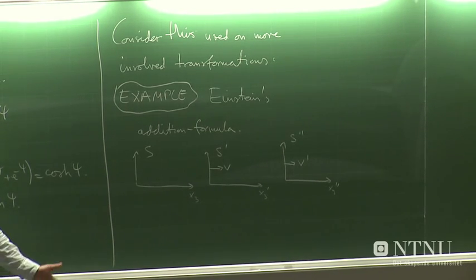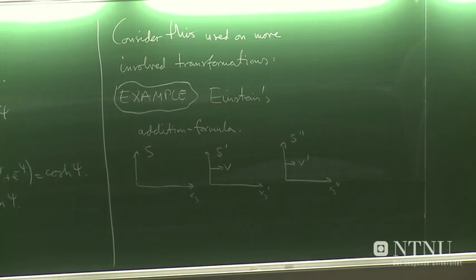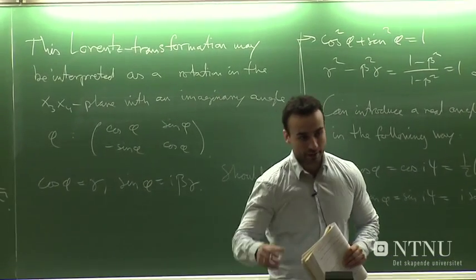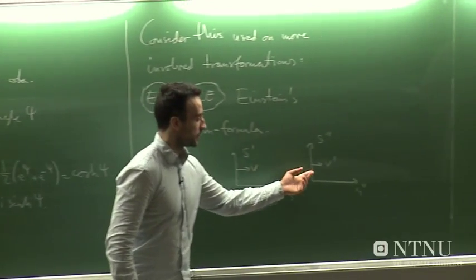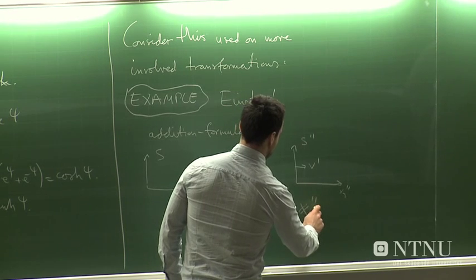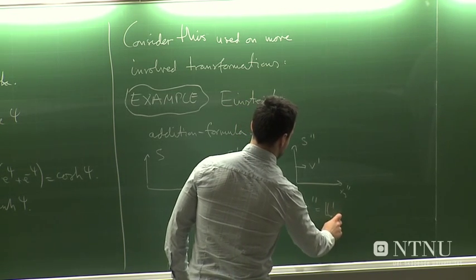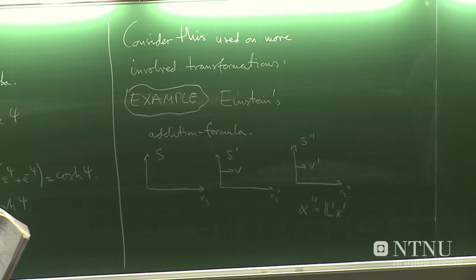Well, one thing we could do is to first do this transformation and then do another transformation and plug that result into a new equation here. So we would have something like this. So we would put a second transformation into our original transformation equations.